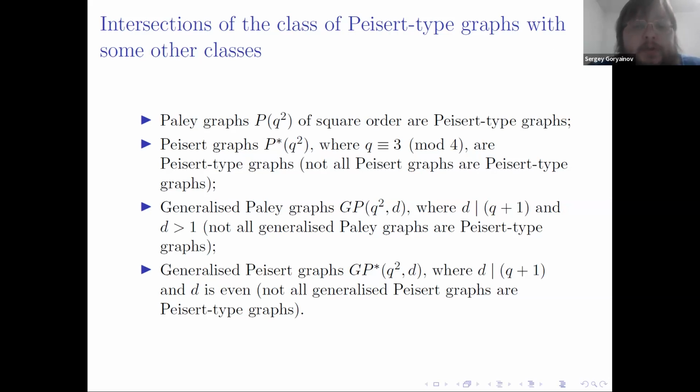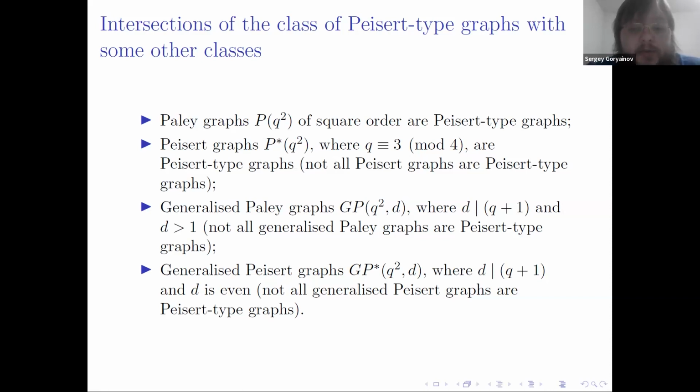Paley graphs of square order, which we discussed in the first lecture, are Peisert-type graphs. Peisert graphs P star of q squared, where q is congruent to 3 modulo 4, are Peisert-type graphs, but not all Peisert graphs are Peisert-type graphs. Generalized Paley graphs GP(q squared, d), where d divides q plus 1 and d is greater than 1, are Peisert-type graphs, but not all generalized Paley graphs are Peisert-type graphs.